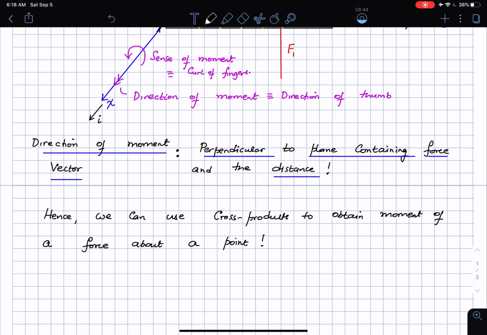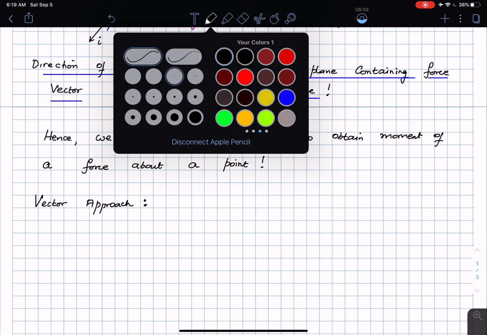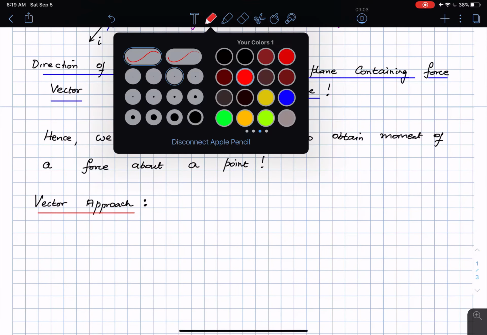Okay, so this is the basic idea, and so we're going to define a couple of things. The vector approach is the following. The moment of a force about a point is given by the following.